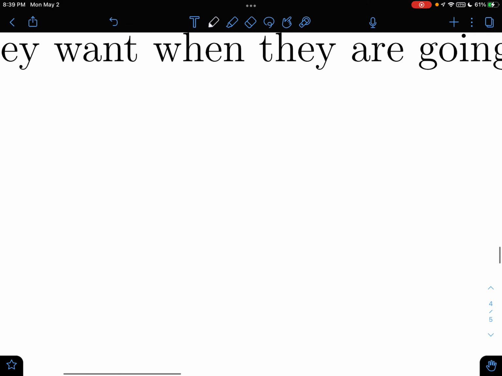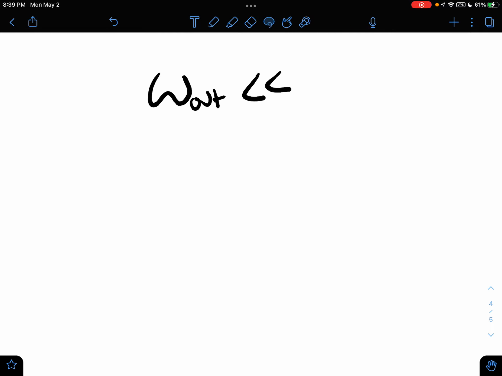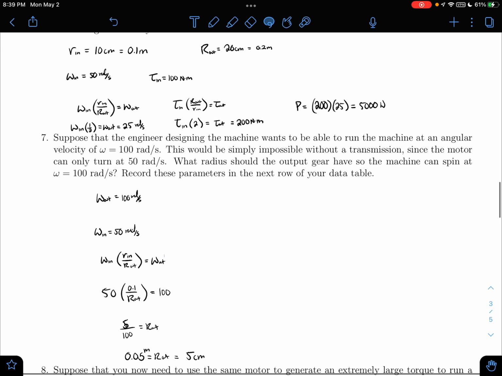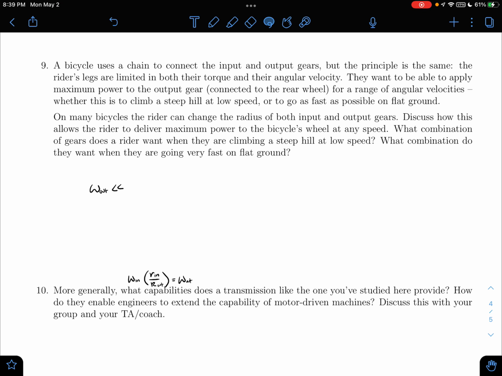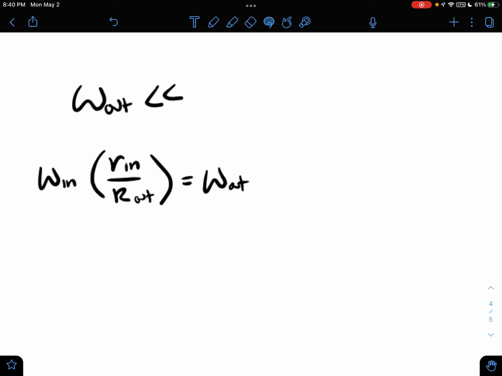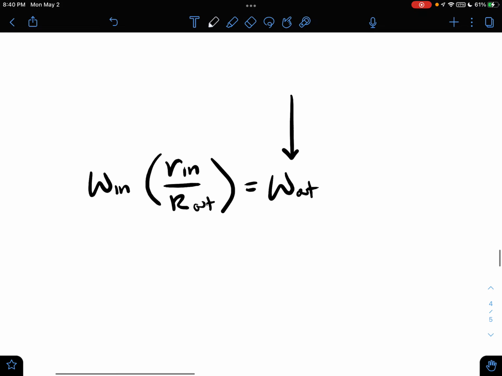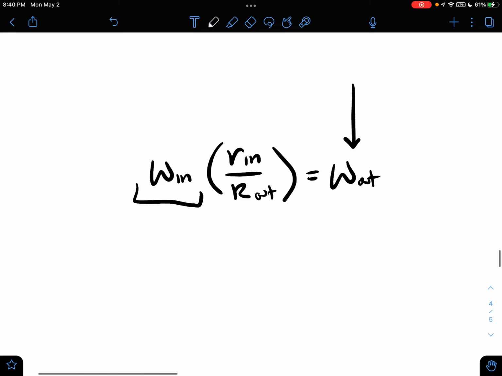Well, we want our omega out to be pretty small. So I have my relationship over here from our omegas. If my omega output is really, really small, and saying we're still at our maximum omega input, right? This isn't changing.